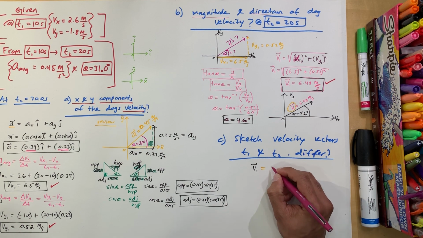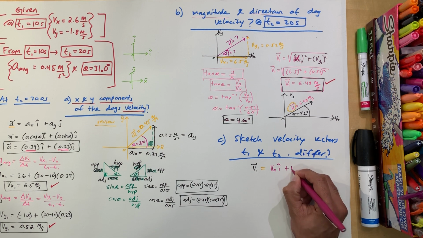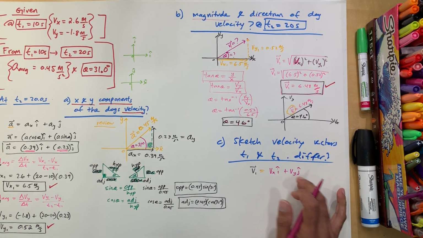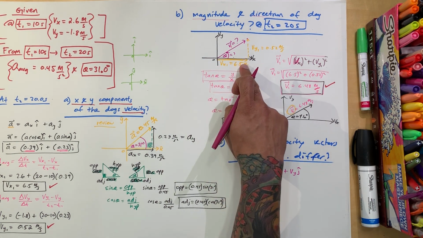In vector form, we have Vx in the i hat plus Vy in the j hat, right? This is X and Y. And the Vx we found to be 6.5.